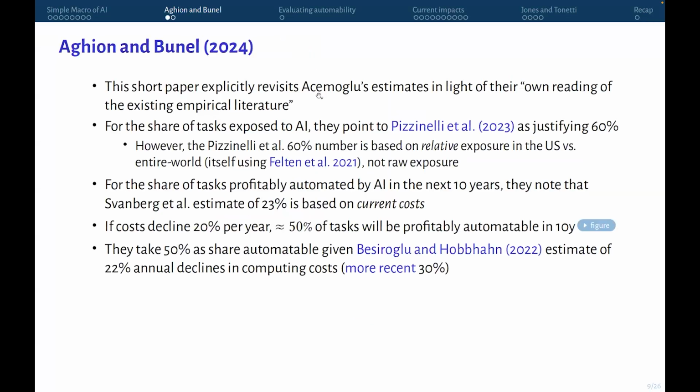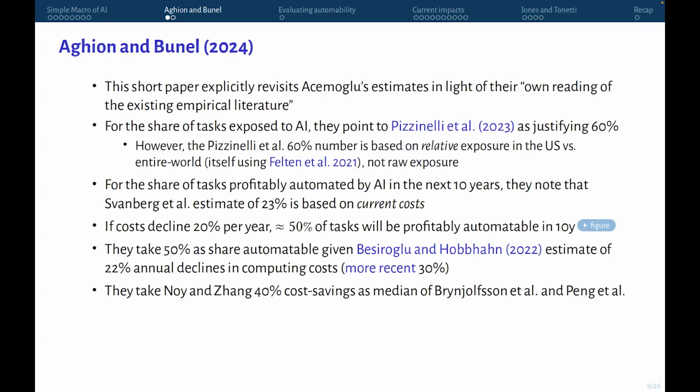And then what Aghion and Bunel say is, okay, we're going to use 50% as the share automatable, given this Besaroglu and Hubhand estimate that there's 22% annual declines in computing costs, though the more recent estimates from Epoch are 30%, so I'll tinker with it slightly.